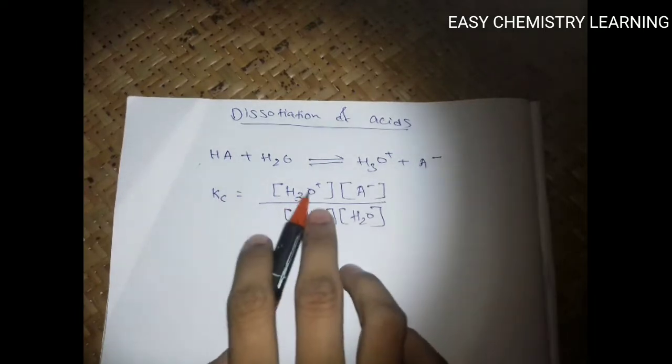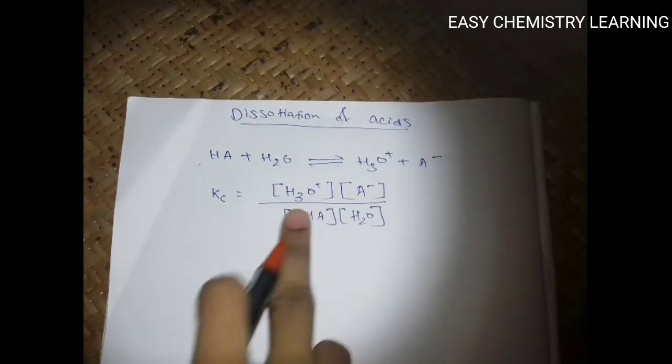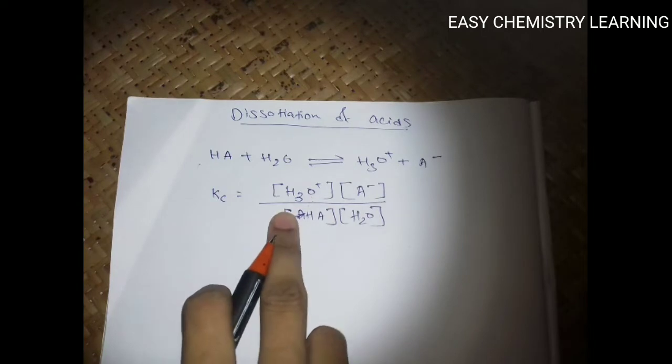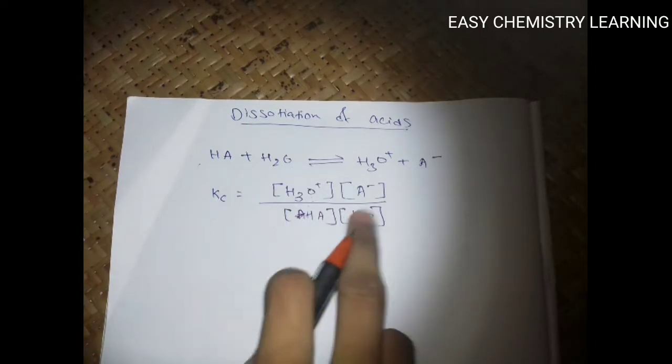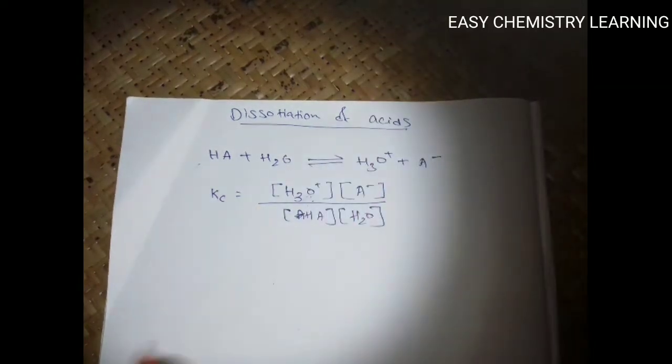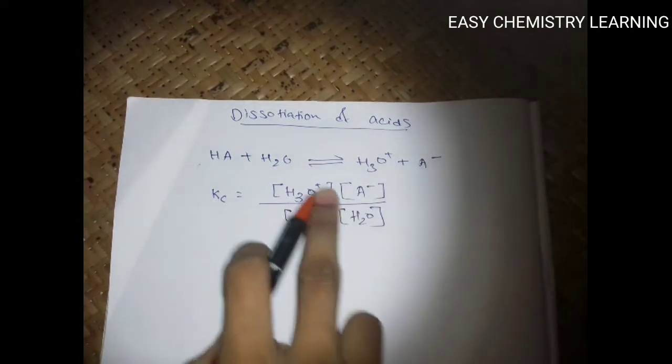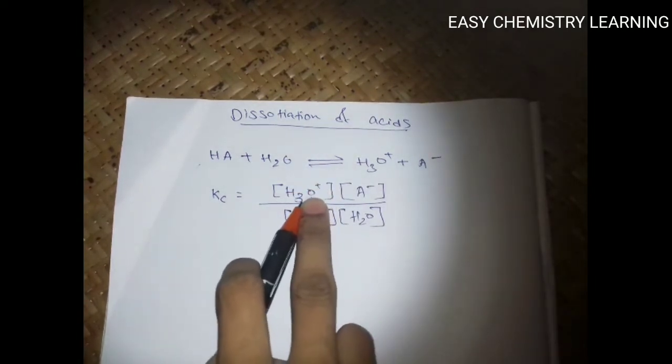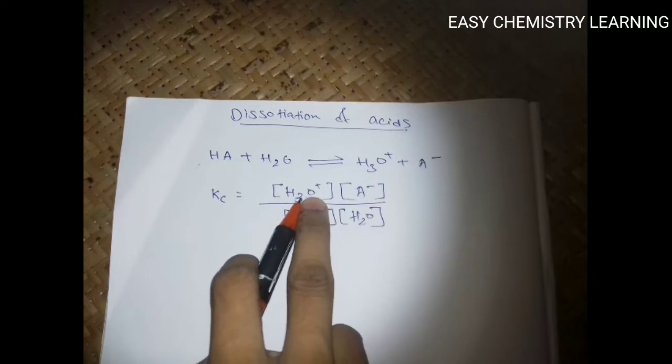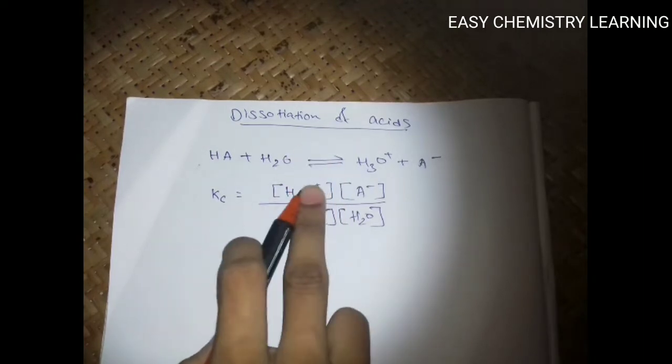Since water is present in large excess in dilute solution, its concentration may be taken as a constant. This H3O+ simply indicates that the hydrogen ion is hydrated, so it may be represented as H+.